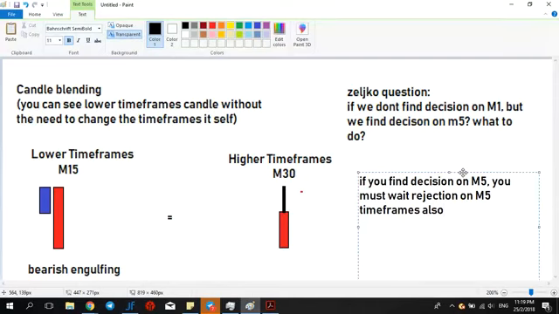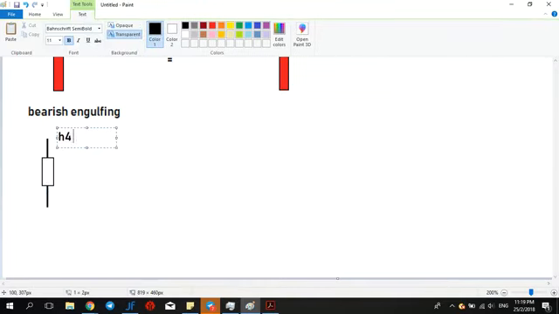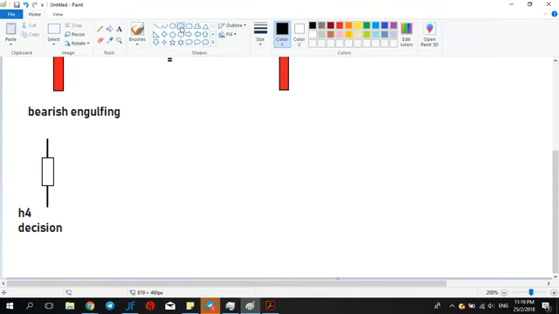For example, you find H4. I cannot scroll down, this monitor is quite small, so I cannot draw very much. For example, we got the H4 candle. This is H4 decision, and then you got a very clean break, like that. Let's color this.